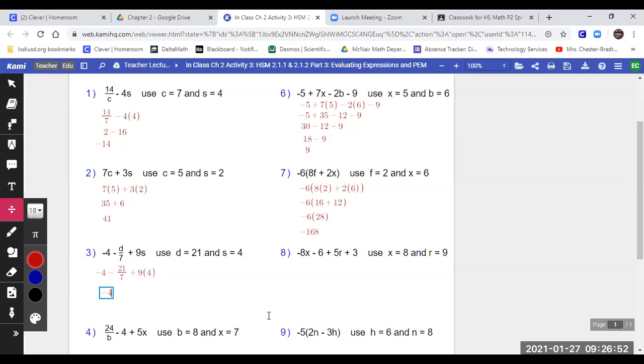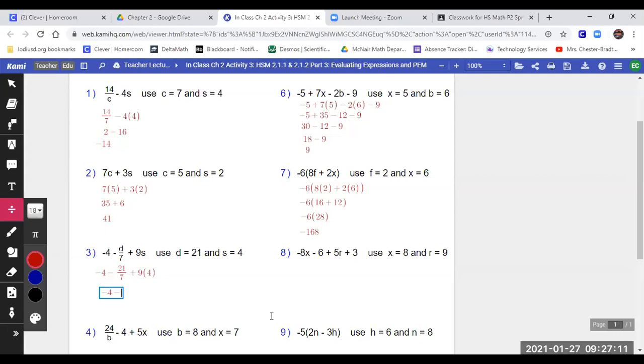Okay, then which piece am I going to solve next? The 21 over 7, exactly. It's a negative, and we're doing 21 divided by 7.